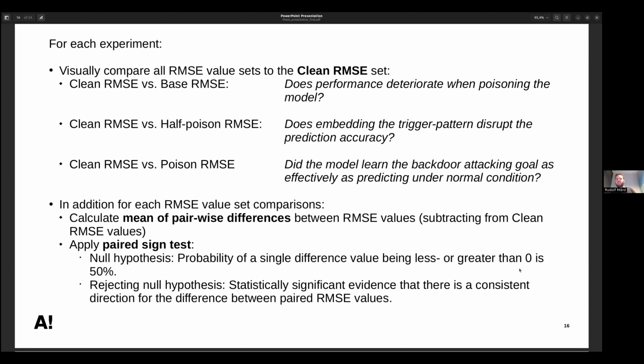So rejecting the null hypothesis would mean that we have statistically significant evidence that there is a consistent direction for the difference between the paired RMSE values. And this does not consider the magnitude of the difference, but only the direction of the difference, if there's a consistent shift to some direction between the sets of RMSE values.